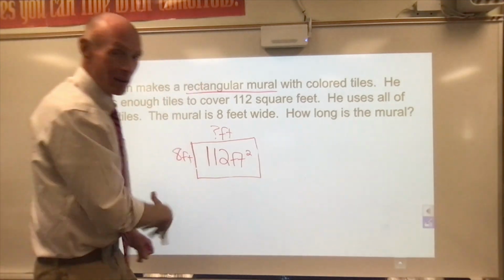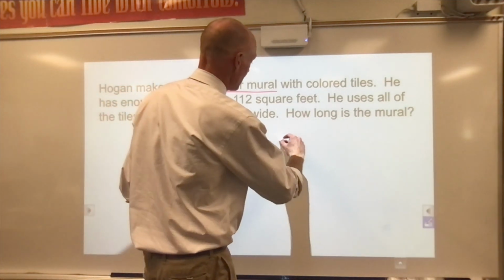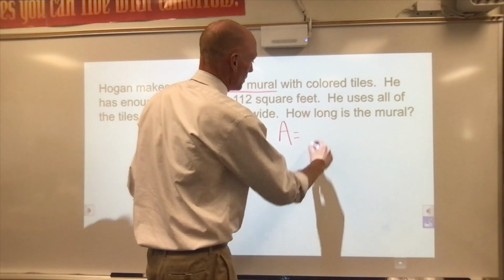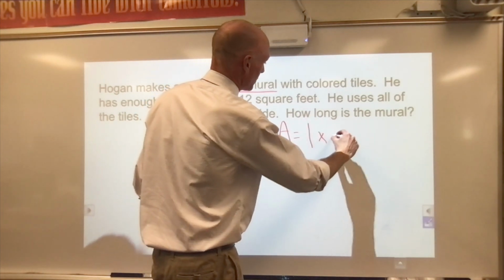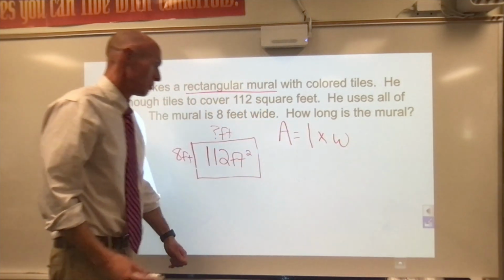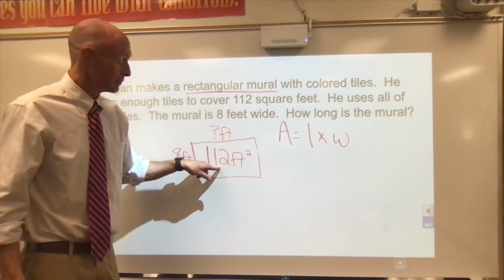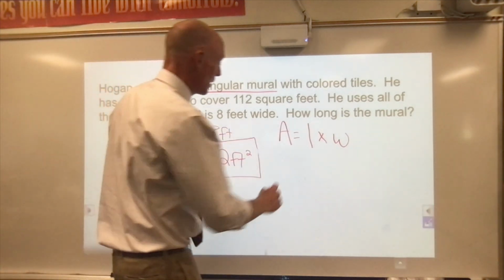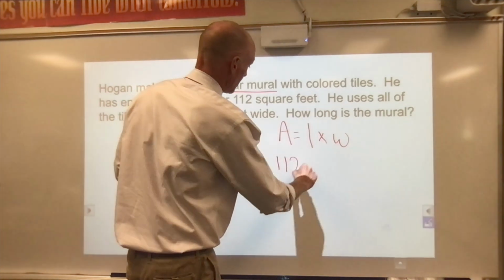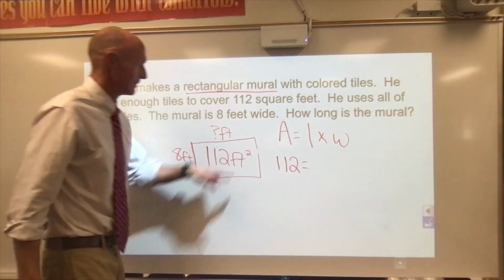Let's go to our area formula. Area is equal to length times width. Cool. Area. Do we know it? We do. The area is 112 is equal to length.